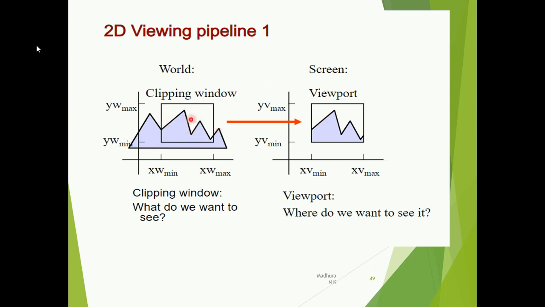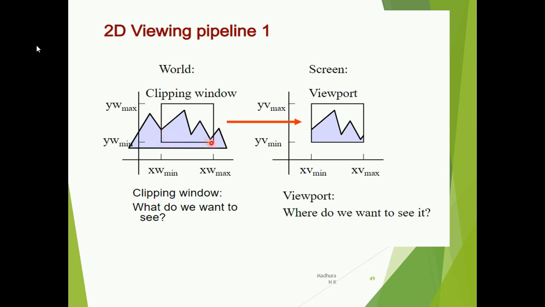In the world coordinates, your window will have its own values like xw minimum. The window has a width and a height. The width is described with xw minimum, the minimum value in the x coordinate, and on the other side xw maximum, as well as yw minimum and yw maximum.